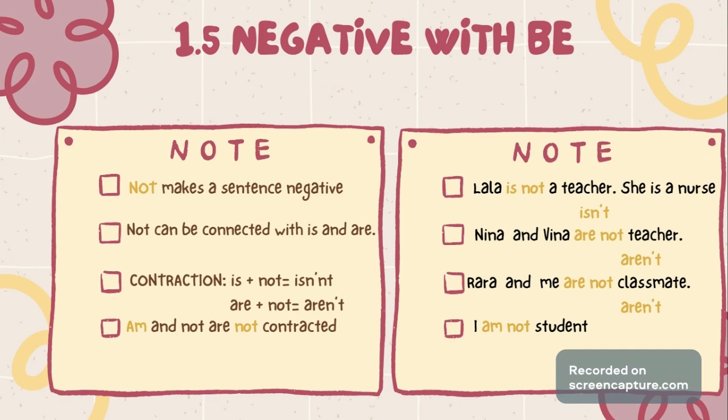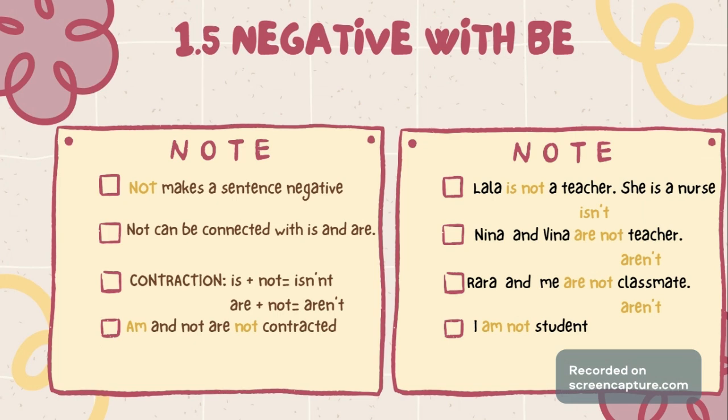Next, negative with be. The word not makes a sentence negative. Not can be connected with is and are. Contraction: is plus not becomes isn't. Are plus not becomes aren't. Am and not are not contracted. An example, Lala is not a teacher.